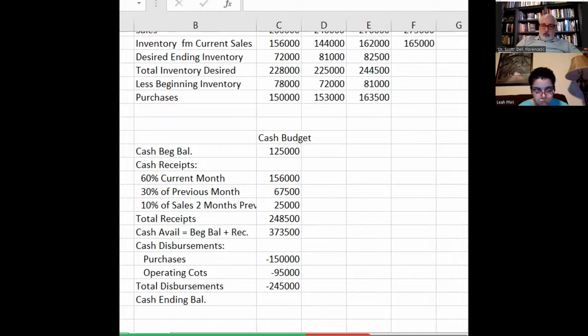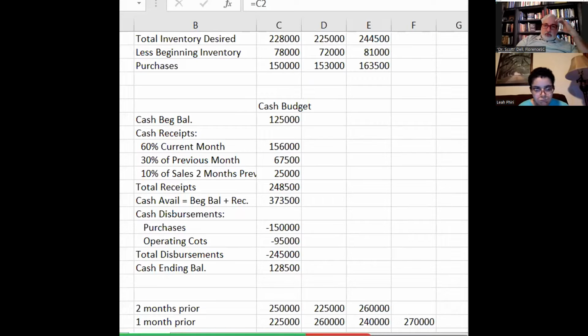That looks reasonable. So you weren't seeing that, but I was going in here and I took my 1 month prior and 2 month prior forms here. So now if I go through, I should be able to copy these.